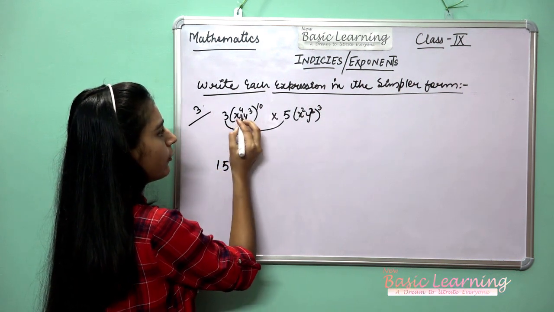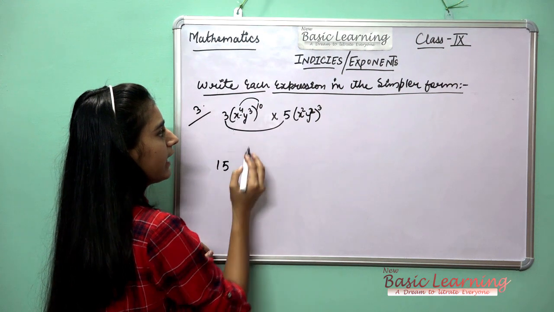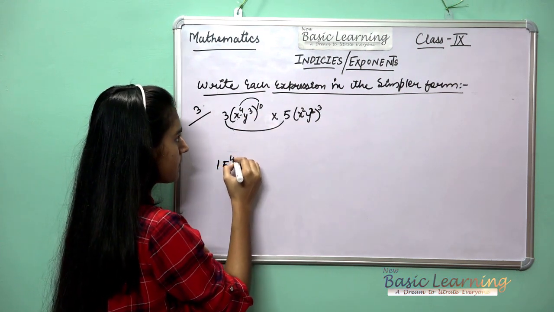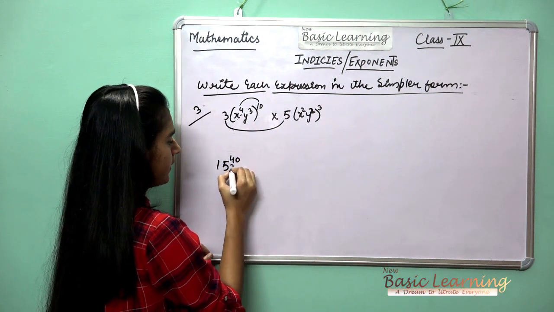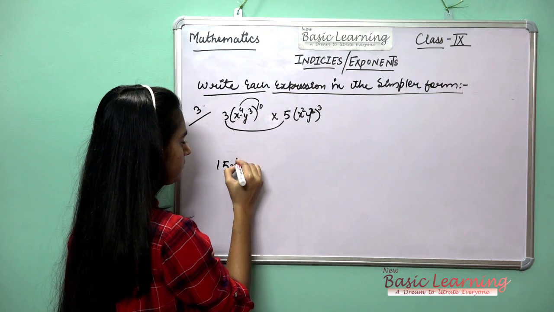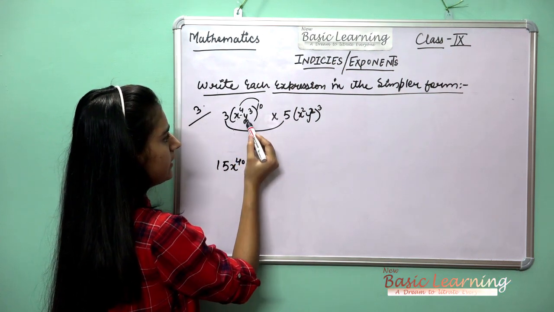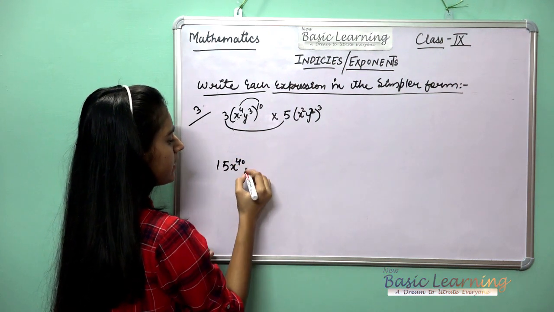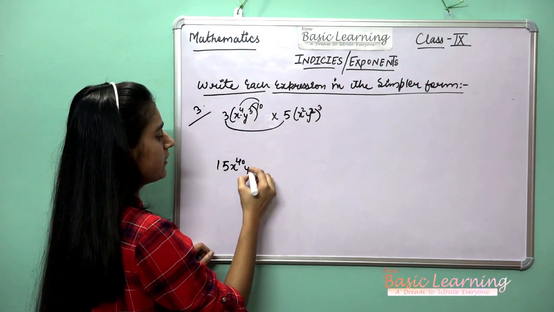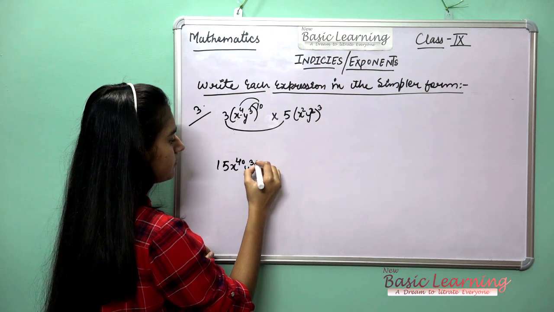X is 4, and when we multiply 10 into 4 it gives 40, so x to the power 40. And y is 3, and when we multiply by 10, that will give 30.